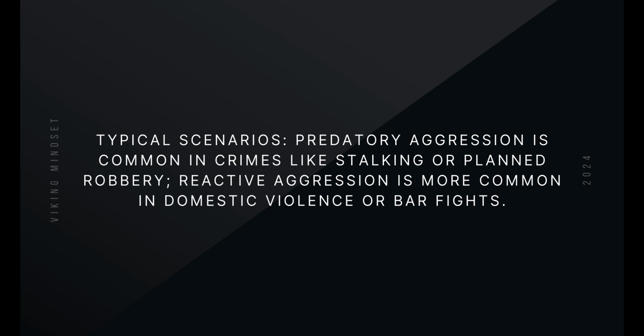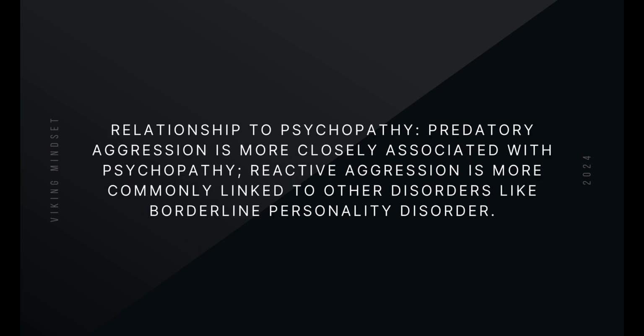Reactive aggression is more common in domestic violence or bar fights. Now, as far as aggression and its relationship to psychopathy, predatory aggression is much more closely associated with psychopathy. Reactive aggression is more commonly linked to other disorders like borderline personality disorder.